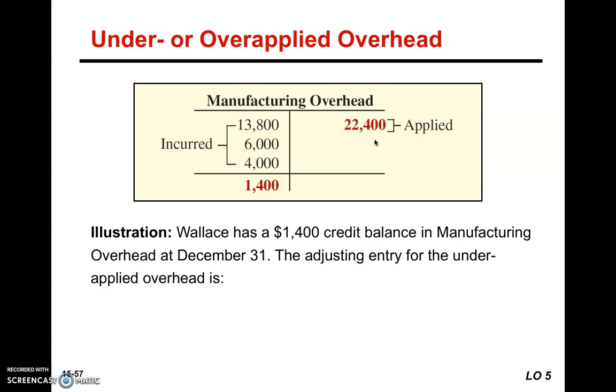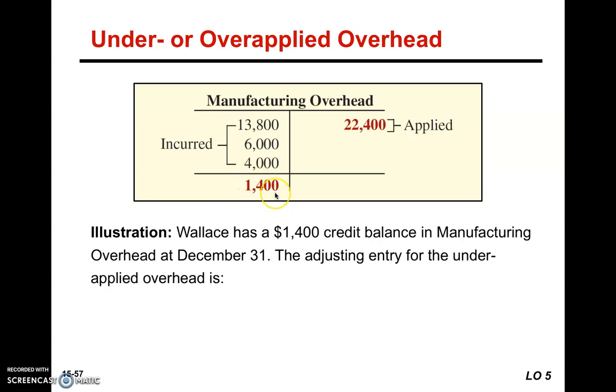It was 22,400. So it ended up with the ending debit balance of 1,400. So they have under applied overhead because they didn't give enough overhead to the jobs. So therefore, at the end of the year, we need to prepare an adjusting entry and get rid of this $1,400 in this account. So we need to arrive at zero balance in manufacturing overhead account.